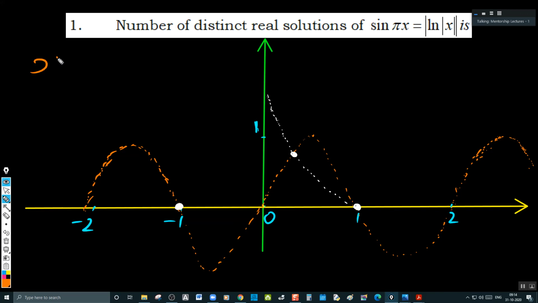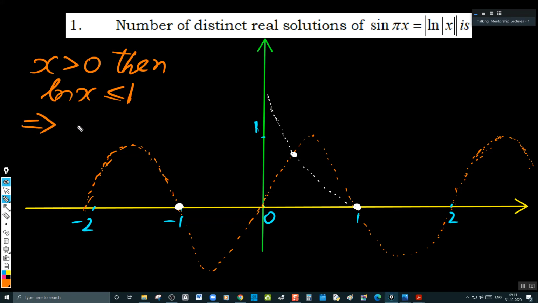x greater than 0. Then ln|x| becomes ln x. What I'm interested in here is to check whether ln x less than or equal to 1 contains x lying between 2 and 3 or not.